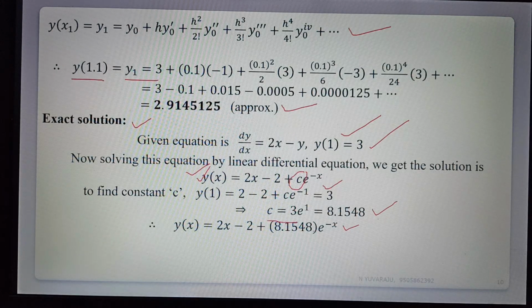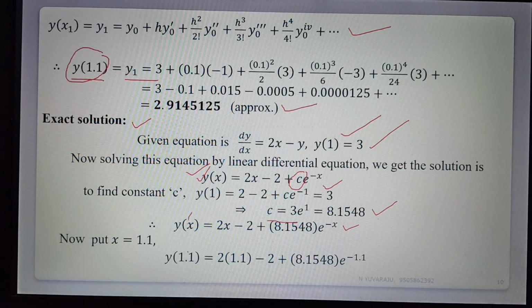Now in this solution we find the value of y of 1.1, substituting x as 1.1. Put x is equal to 1.1: y of 1.1 is equal to 2 into 1.1 minus 2 plus 8.1548 into e power minus 1.1. The simplification is 2.9144971.